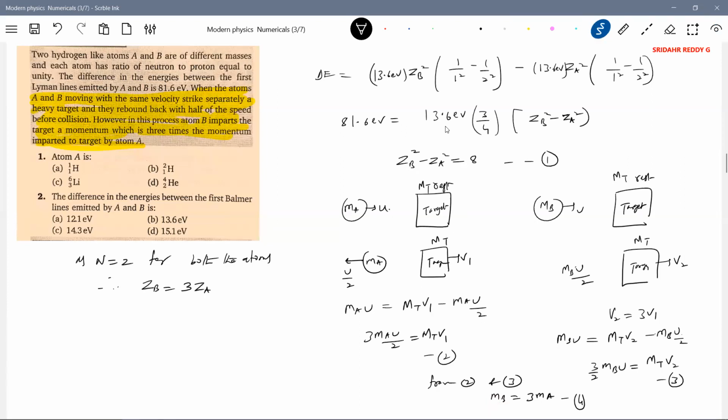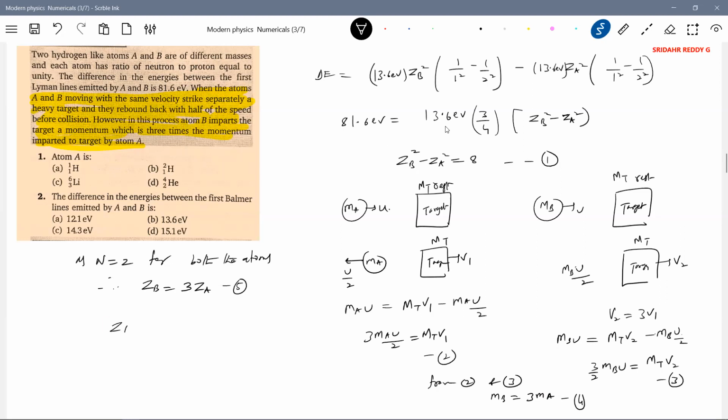Yes. So if you assume atom A is having 1 proton, 1 neutron, then atom B should have 3 protons, 3 neutrons. Therefore, the charge of nucleus of atom B should be 3 times that of atom A. So this is equation 5. Solving now, I'll get the ZB and ZA.